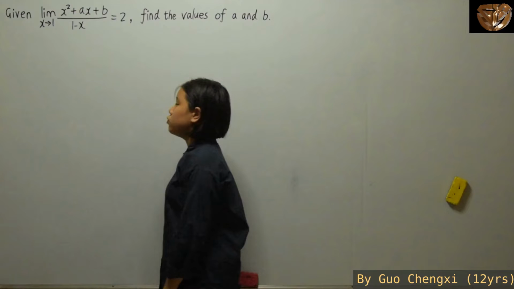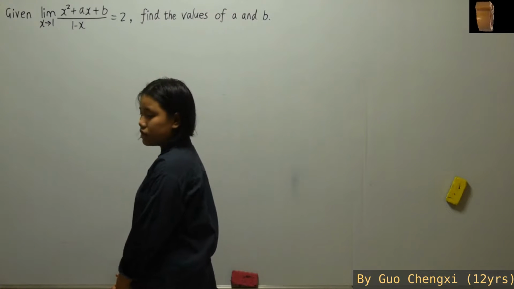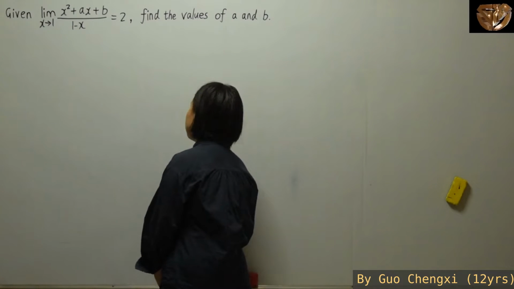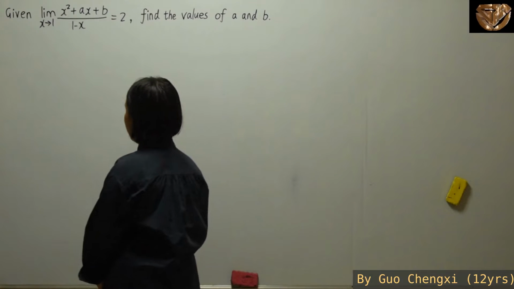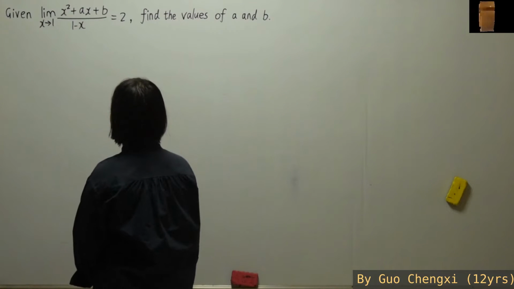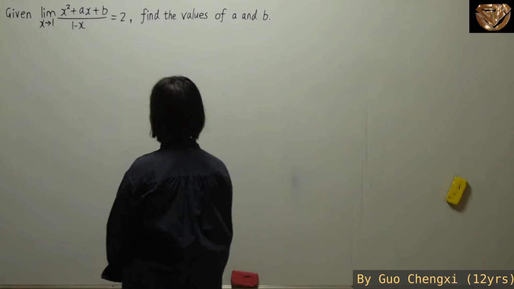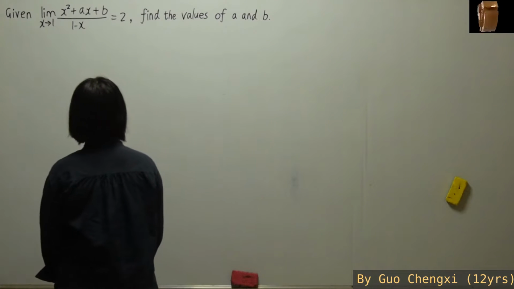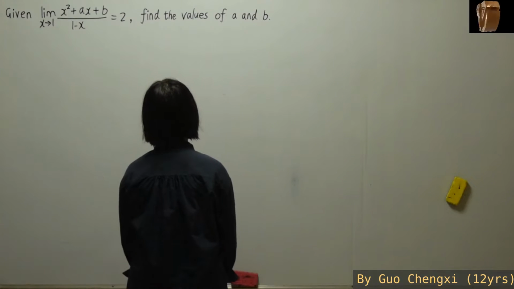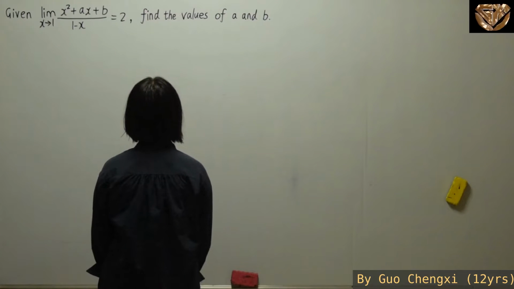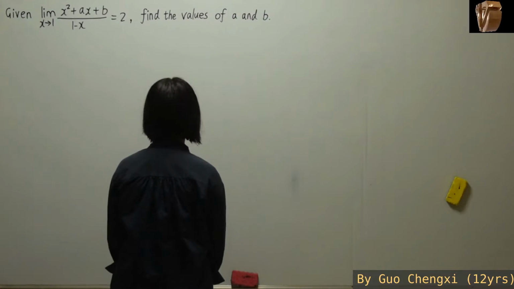For this lesson, we'll be continuing on with another lesson for methods of limit calculation. We are given the limit as x approaches 1 of (x squared plus ax plus b) over (1 minus x) equals 2, and we're supposed to find the values of a and b.